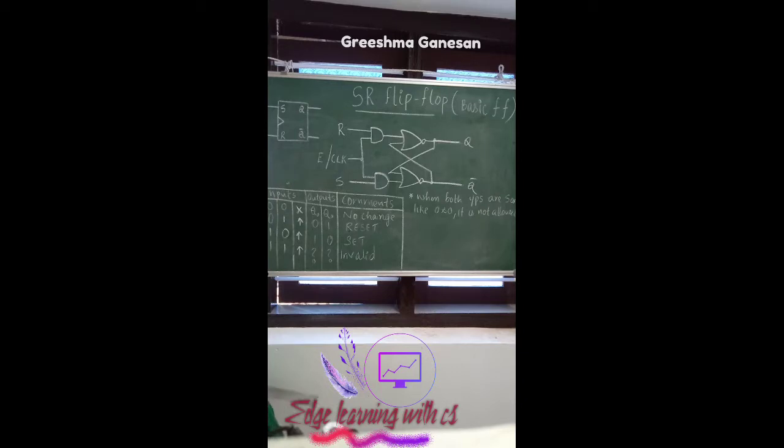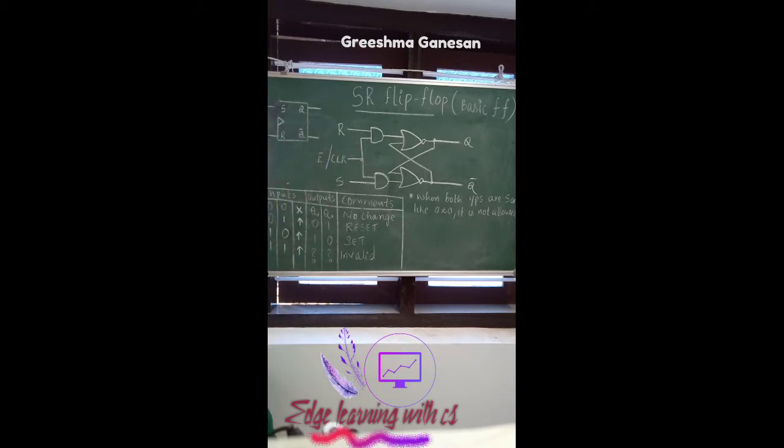R is passed as input, S is passed as input, and we also have one more value, the clock. The clock can be indicated with E, CLK, or the clock itself. So these three are our main inputs.